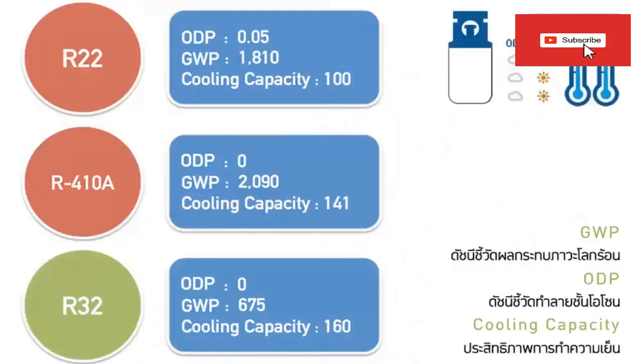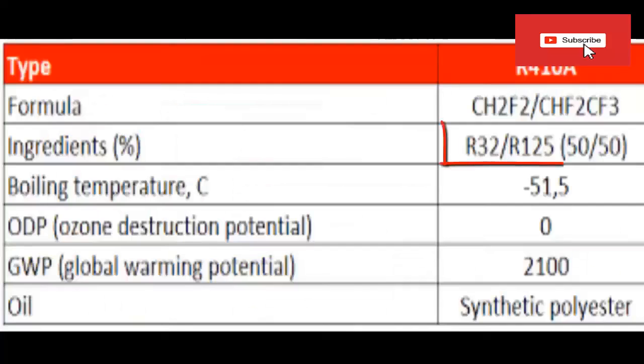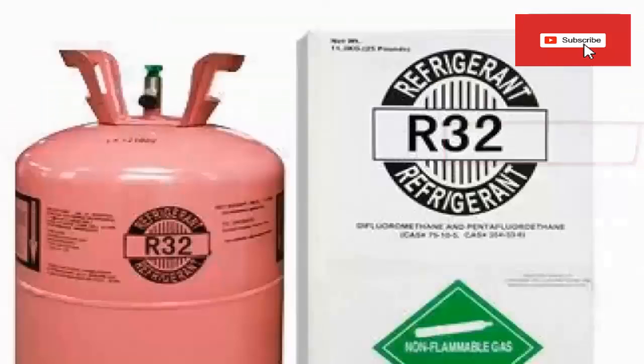The traditional R410A gas is made up of 50% R32 gas and another 50% R125, so we have already been using refrigerant gas R32. The R32 presents multiple advantages over its predecessor, the R410A, although it is more flammable.